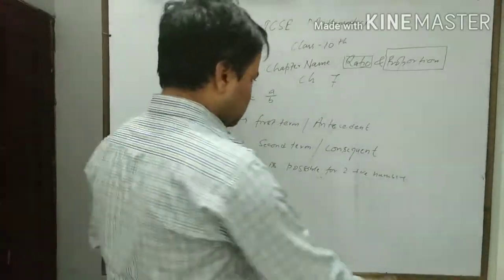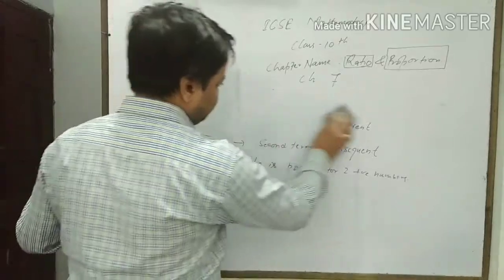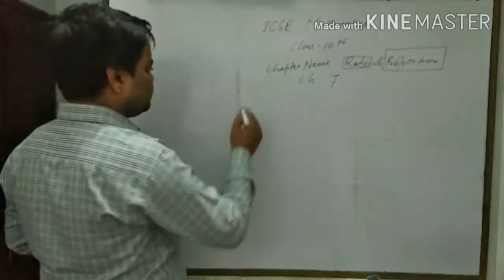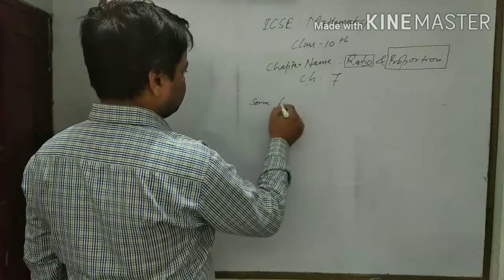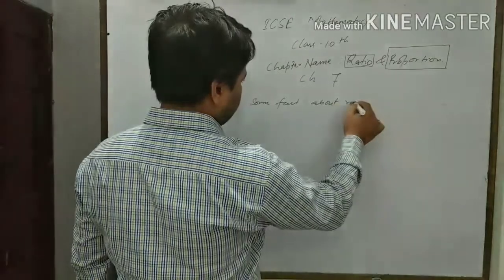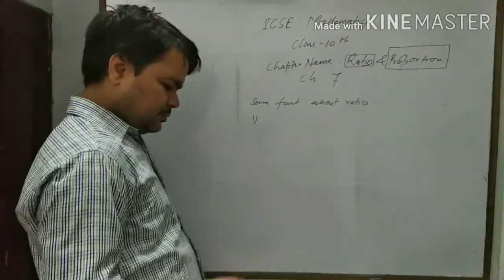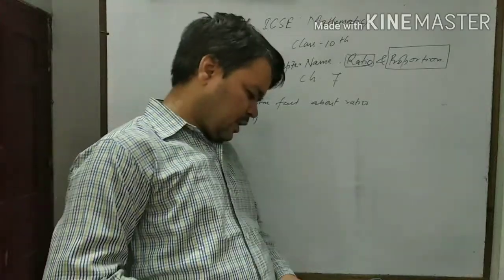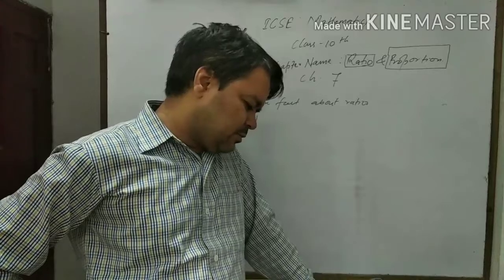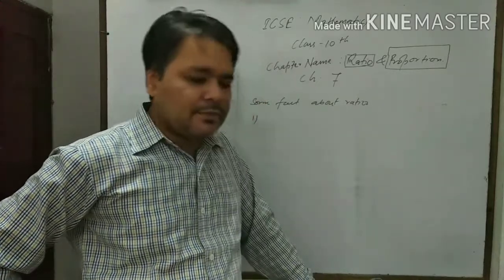Now we should know some facts about a ratio. Let us see some facts about a ratio. What is the first fact? Since a ratio is a fraction, both of its terms can be multiplied or divided by the same number.